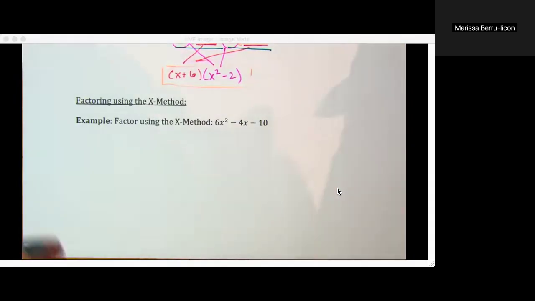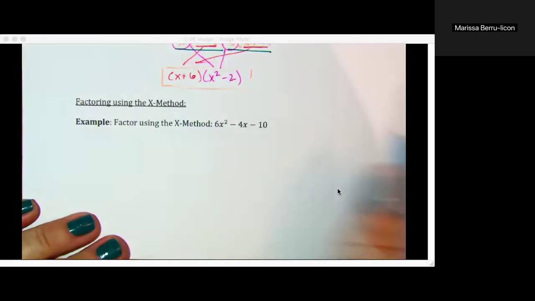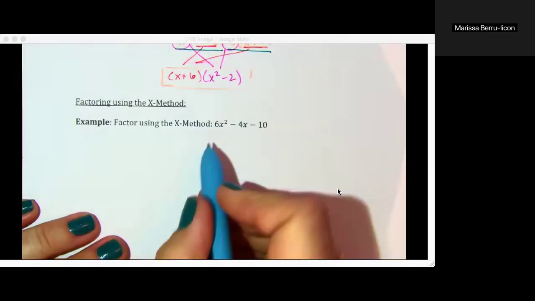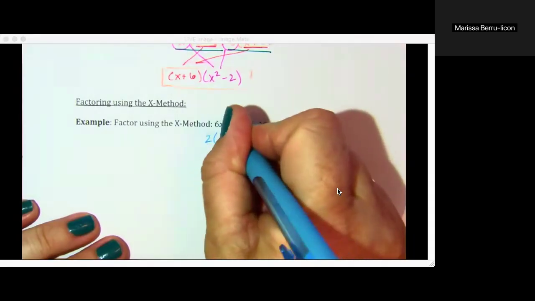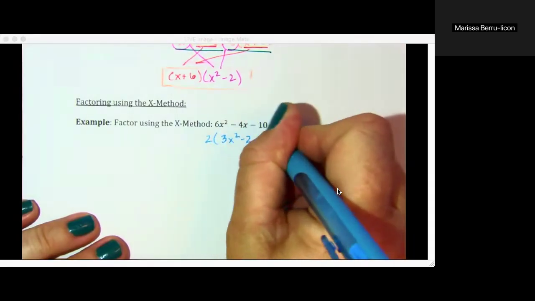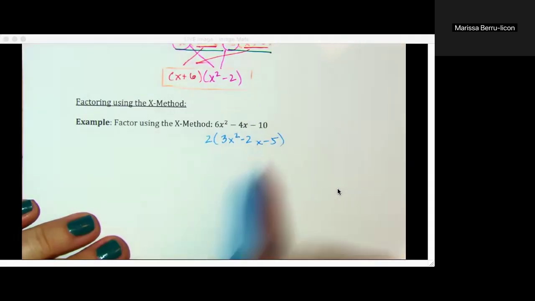So in general, anytime we are factoring, like we just talked about, you always want to pull out the GCF first. And I noticed that these have a common factor of 2. And then what I'm left with is some smaller numbers in here.